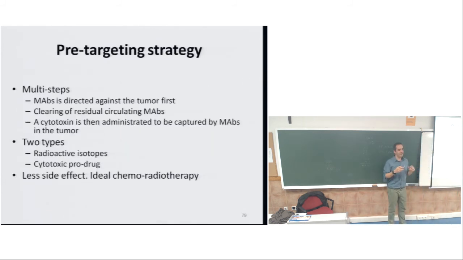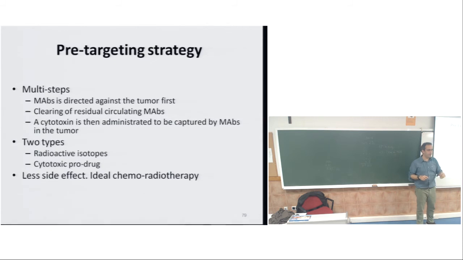It has the concept. It has multiple steps. So, first, imagine a cancer patient with a tumor that we have characterized. We know the molecule we want to bind, we want to attack, and so we administer a monoclonal antibody against the tumor.